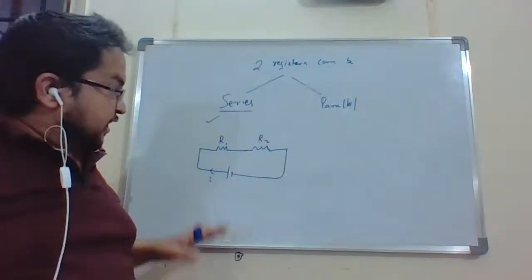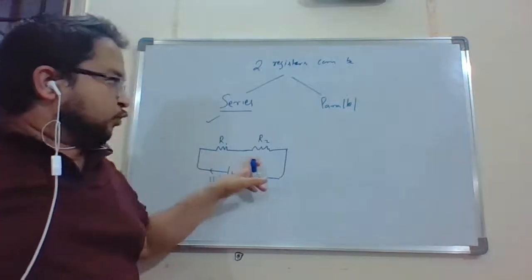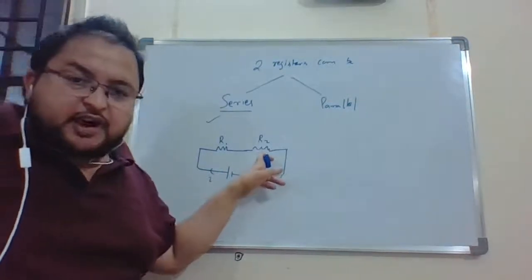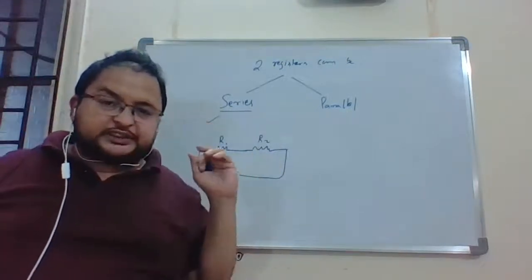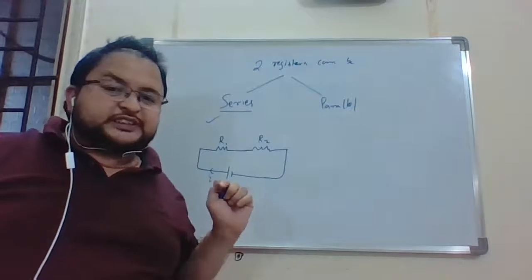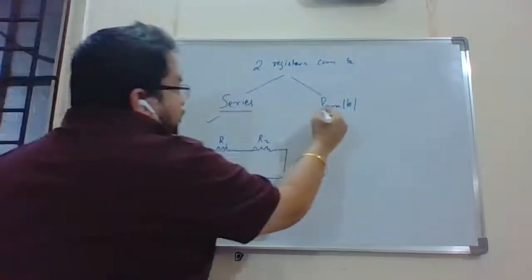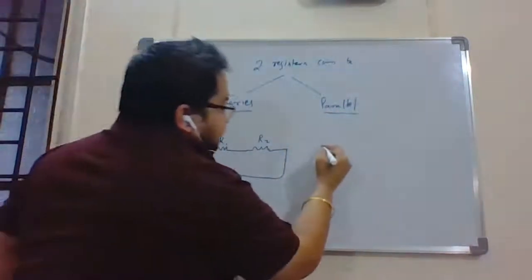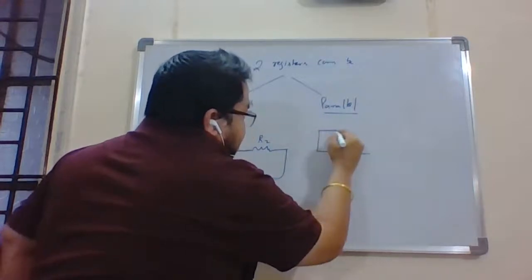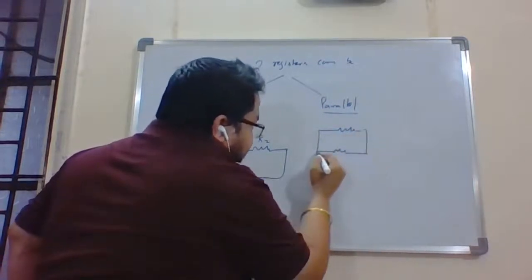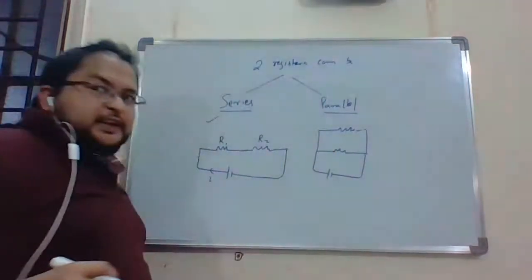And the classical definition says if current through two resistors is the same, those two resistances are said to be in series. Similarly, if we go to the definition of parallel, suppose we have one resistor like this, another resistor like this, and we connect it to a cell.